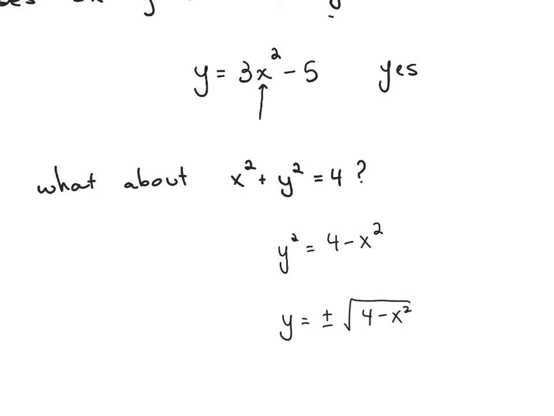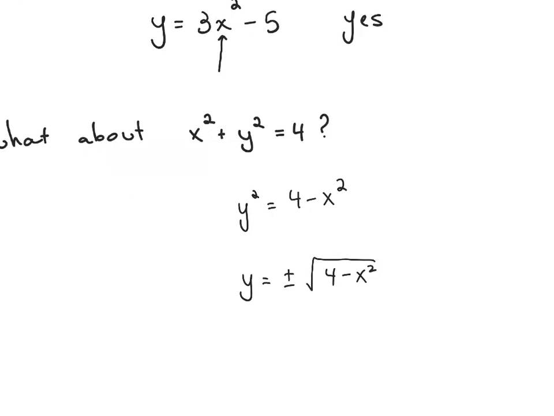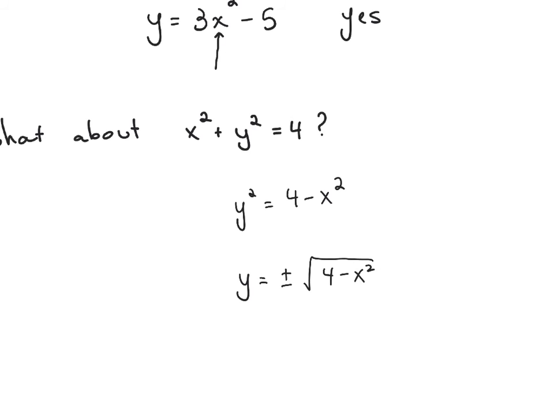So now the question is, does this define y as a function of x? You can use similar reasoning. If I plugged in any random number for x, for example, if I plugged in a 0, then 0 squared is 0, 4 minus 0 is 4, and the square root of 4 is plus or minus 2.